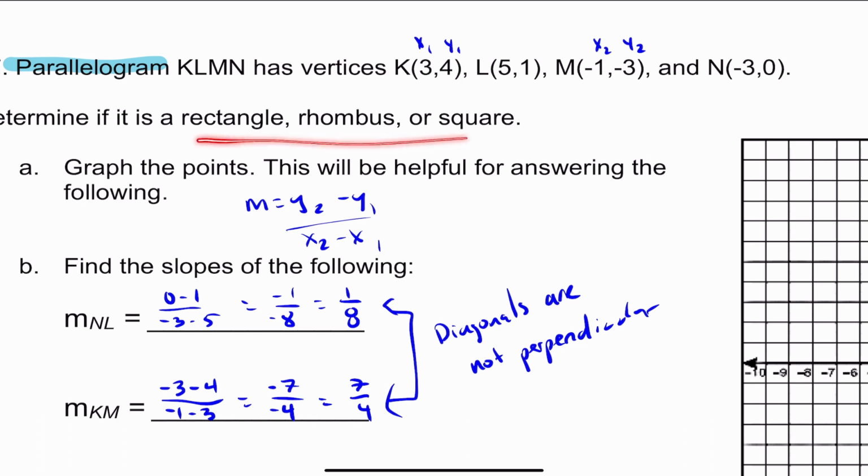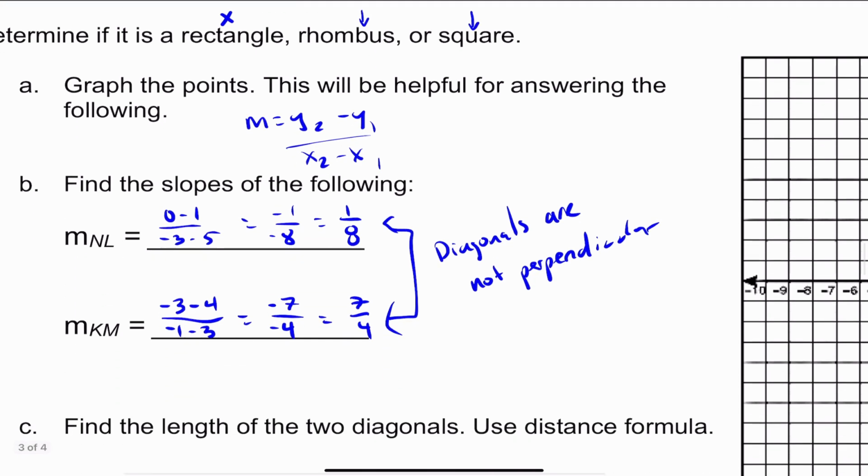And two of these figures have diagonals that are perpendicular to each other, okay? So the diagonals of a rhombus, they are perpendicular. The diagonals of a square, they are perpendicular. However, the diagonals of a rectangle, they are not perpendicular, okay?